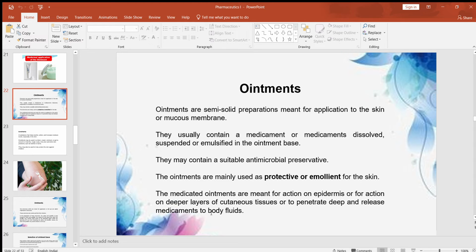If we take medicine through the oral route, it goes to the stomach and then the intestine, and then it is absorbed, goes to the liver, then to the general circulation, and then it shows the effect. So it takes some time when medicine is taken orally. Likewise, when medicine in the form of a formulation is applied on the surface of skin, it also takes some time. It will not be an instant action like that of injection.